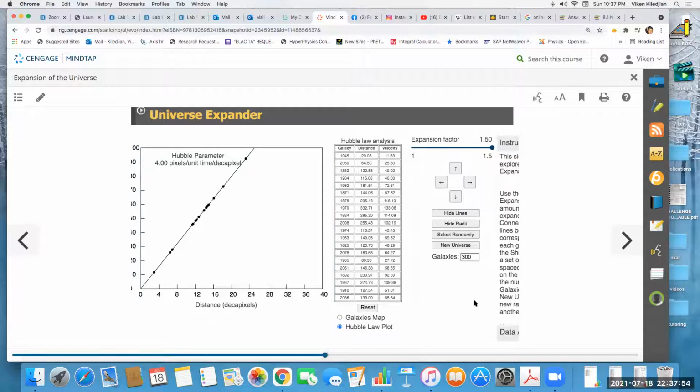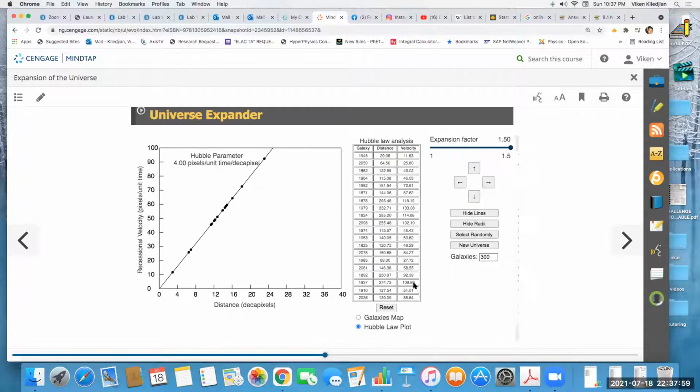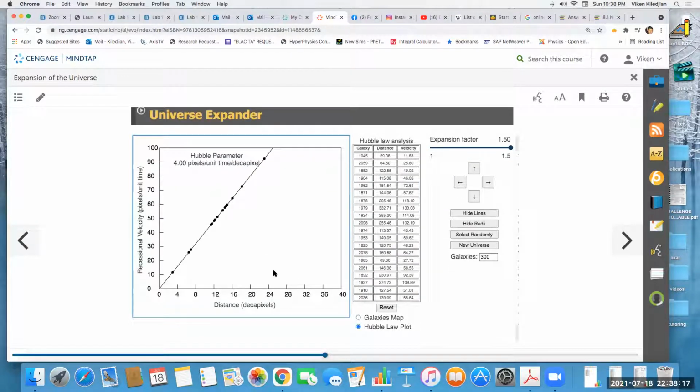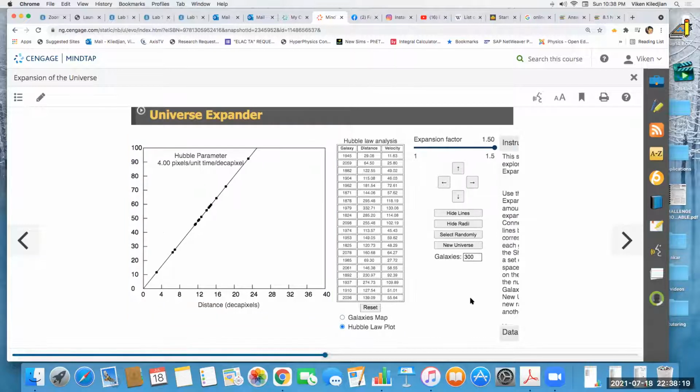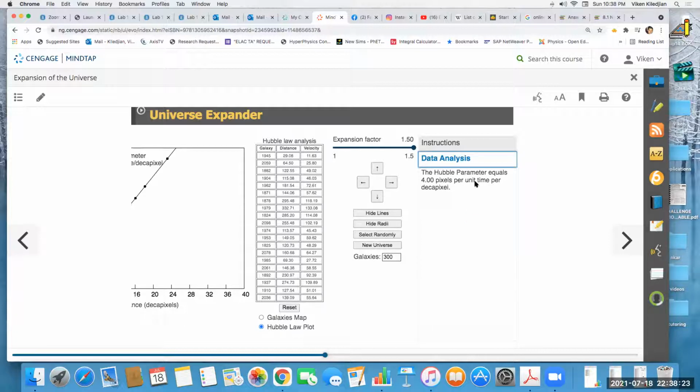Hold on. This is 92. 230 distance. The Hubble parameter equals 4 pixels per unit time per decapixel.